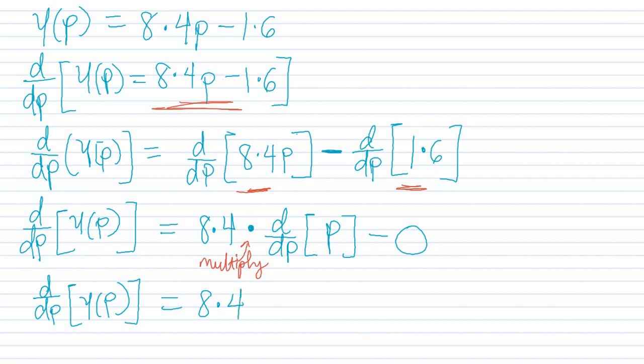And now, d of the p of y of p, 8.4 multiplied by d of the p. So differentiating p with respect to p, right? Differentiating the function, which is p with respect to p. When you differentiate a variable whose highest power is 1, you're just going to get 1. Sorry.